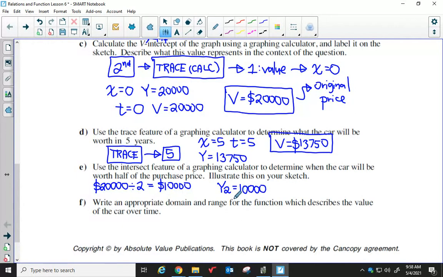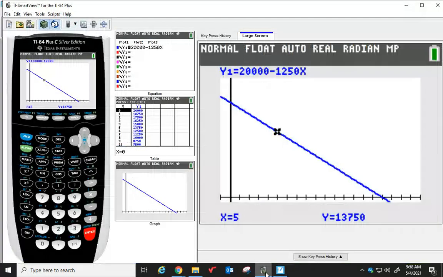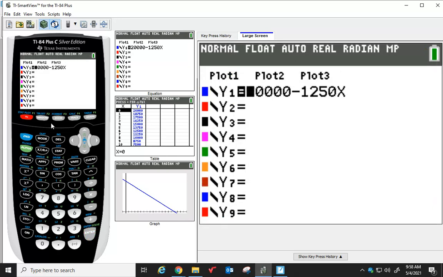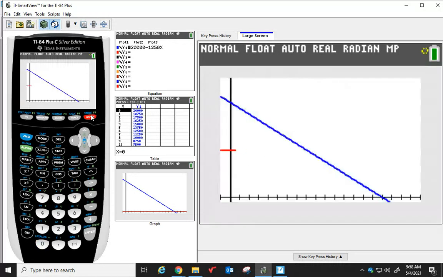It's going to hit my graph. Go back to my calculator, hit y equals, go down here, hit 10,000. Go ahead and graph this. And now I can see this horizontal line that hits my graph. This horizontal line is when the value of the car is 10,000, and we want to figure out how long it takes to actually get that half the value.